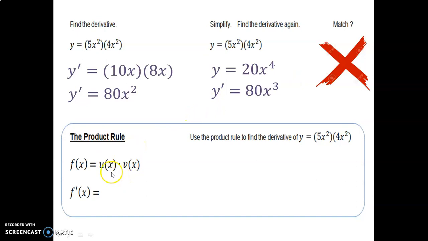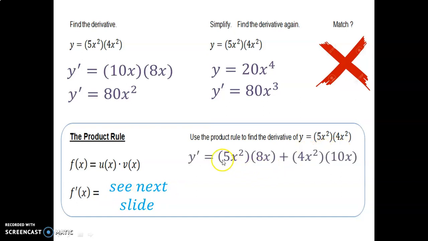The product rule is applied when we have a function that is the multiplication or product of two other functions. So here's a function being multiplied, just like we have here, two functions being multiplied. The product rule works like this. We'll look at what the rule is on the next slide, and we'll write it out, but for now I'll show you how it works.